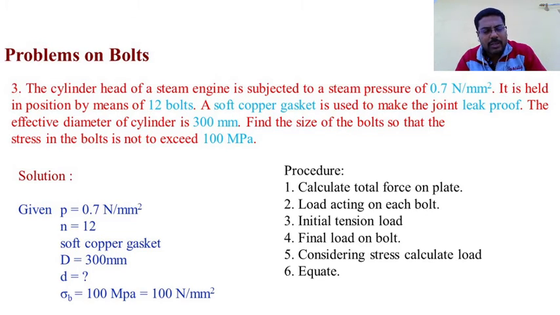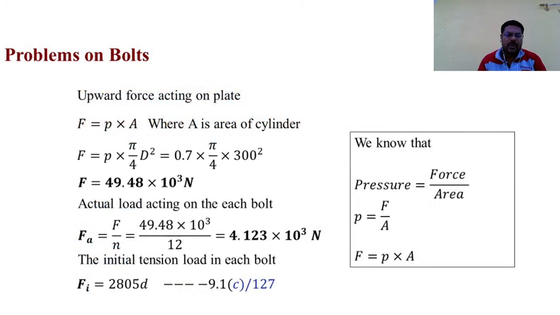With the soft copper gasket, capital D is equal to 300 mm, the effective diameter of the cylinder. Small d is the diameter of the bolt, which we need to find. Stress sigma b is already given as 100 megapascal. So we find the diameter of the bolt. Okay, we go for the solution.